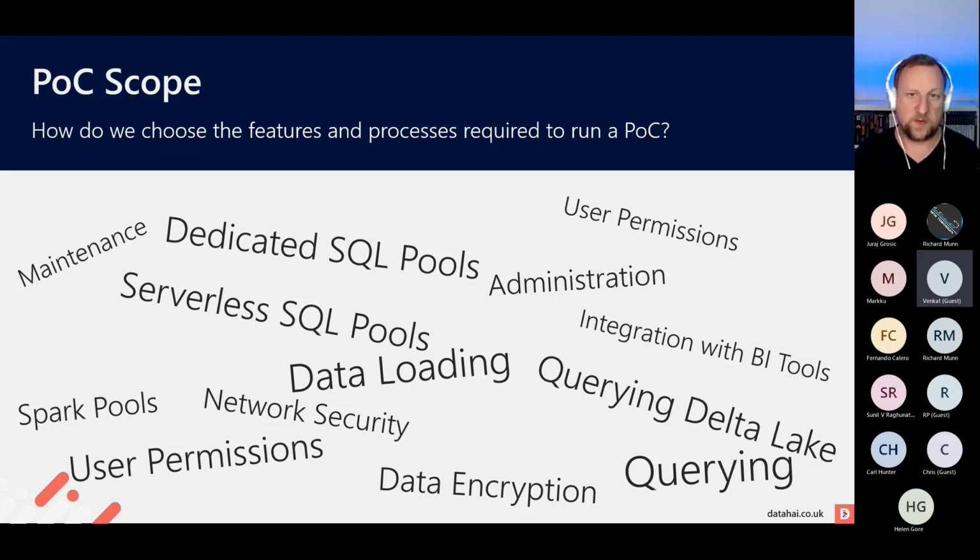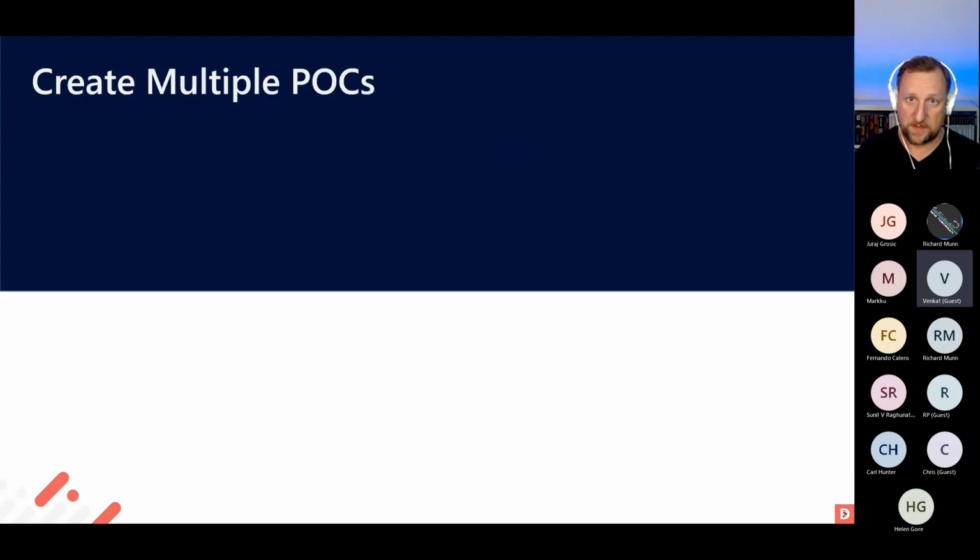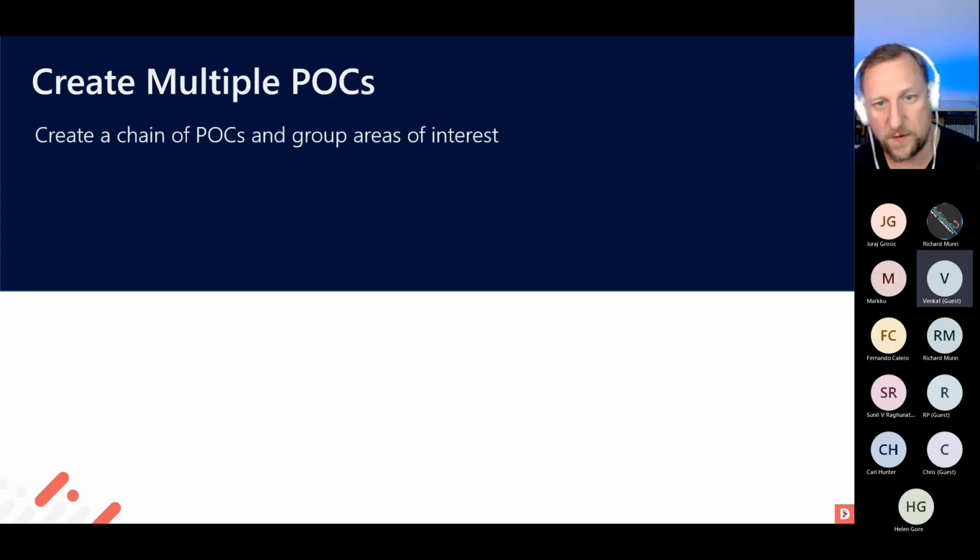So what are you going to pick? I mean, obviously, that's going to be based on your workload. Are you migrating? The definition of the project. But ultimately, if you're tasked with a proof of concept, what do you do with all of these moving parts and all of these features? Create multiple proof of concepts.